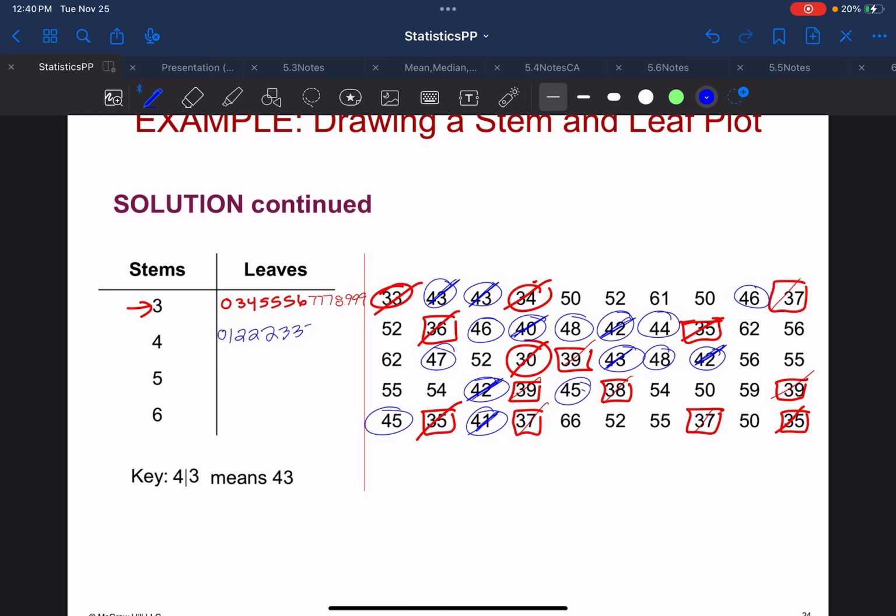So 3 3s. 1 44. So 1 4. I see a 45. 2 45s. So 2 5s. 2 46s. So 2 6s. 1 47, so 1 7, and 2 48, so 2 8s.